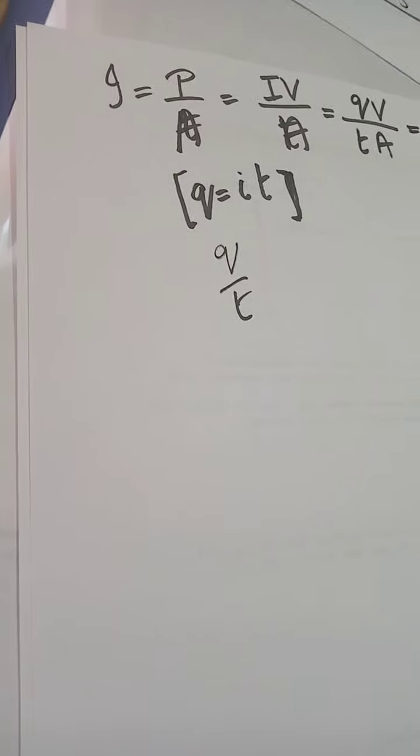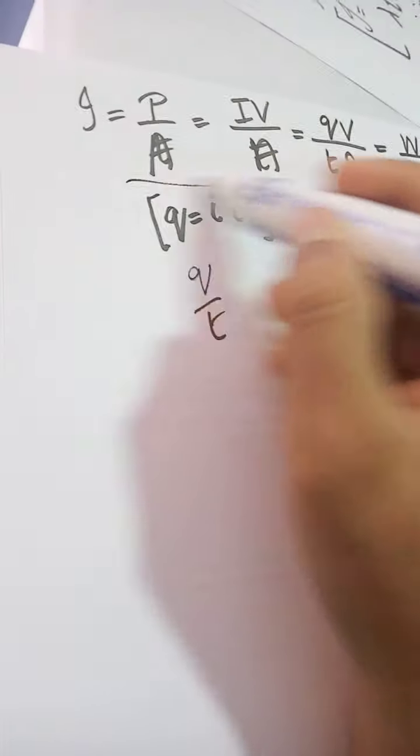So now we've proven that the book is telling us the truth, because I is always proportional to power and inversely proportional to area, and power is always proportional to current, and current is I equals Q over t. So power has to be proportional to charge, and when it's proportional to charge, it's proportional to intensity as well.